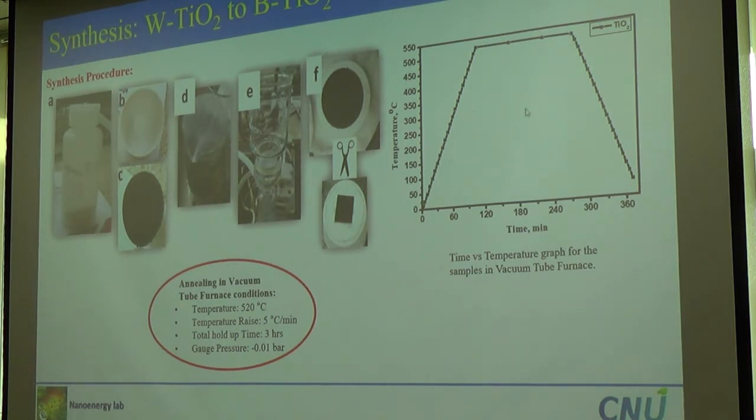And here is the temperature versus time profile graph for my sample in vacuum tube furnace.